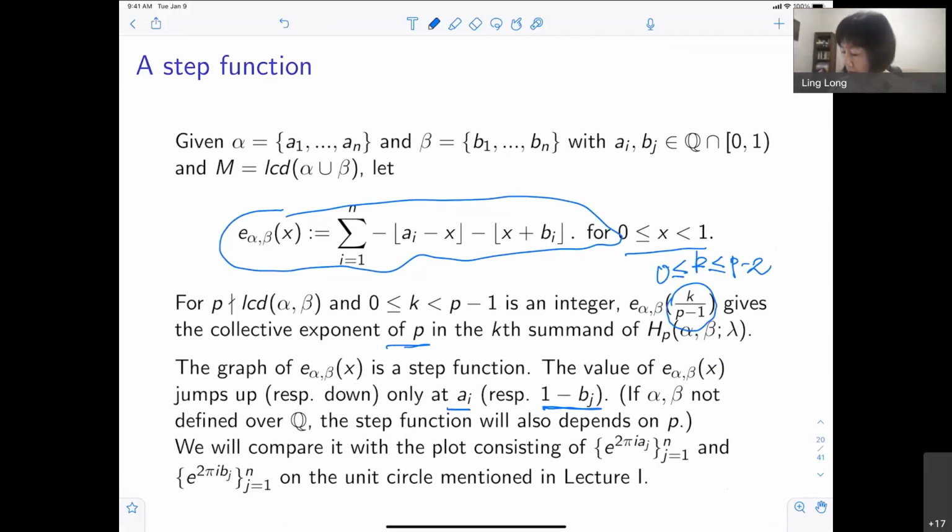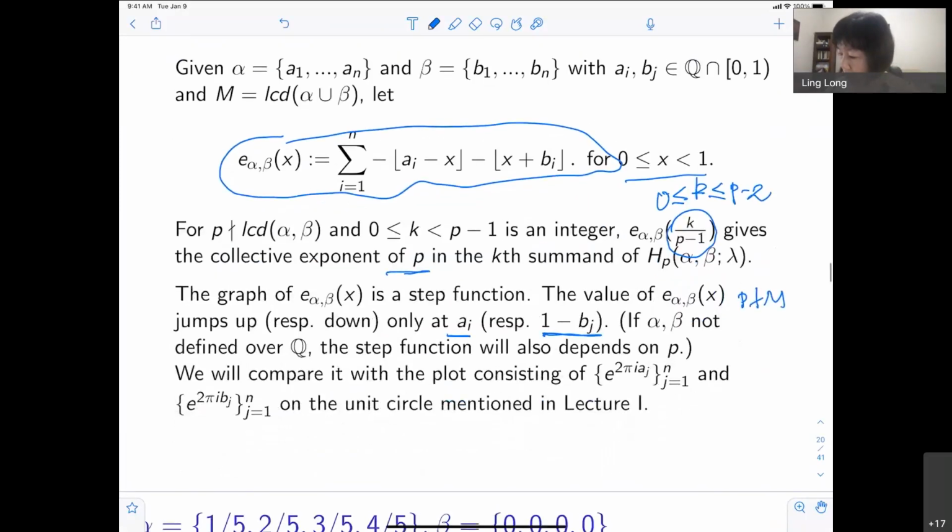Such a function is well defined for p not dividing the least common denominator if alpha and beta are defined over Q. If alpha and beta are not defined over Q, the picture will also depend on which p you are using, and the jumps might be at different places. But this is going to be uniform if alpha and beta are defined over Q.